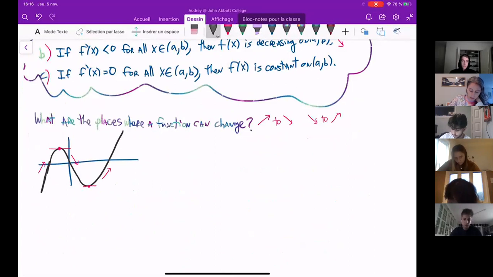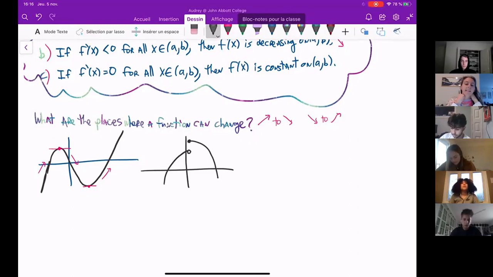What about this? If I have it increasing, and let's say that I have a jump discontinuity. What can I say about the derivative at a jump discontinuity? Doesn't exist.